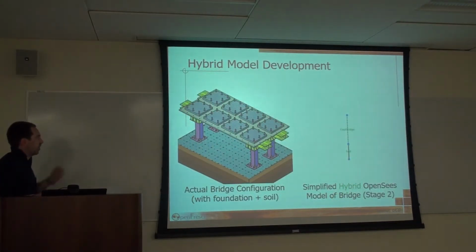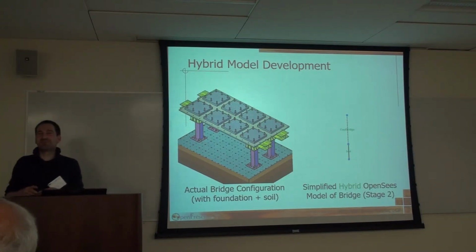And here's the development of the model. So we started off with a bridge deck that is seismically isolated. So there's isolators under it. Here's the bridge deck with the mass on top. And it had also the foundation and some soil. So that was all modeled. And so we basically had to make this very simplified model of this.